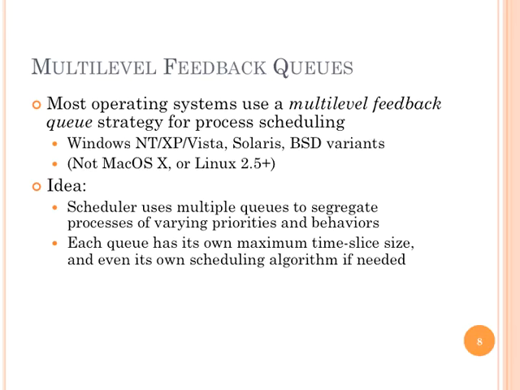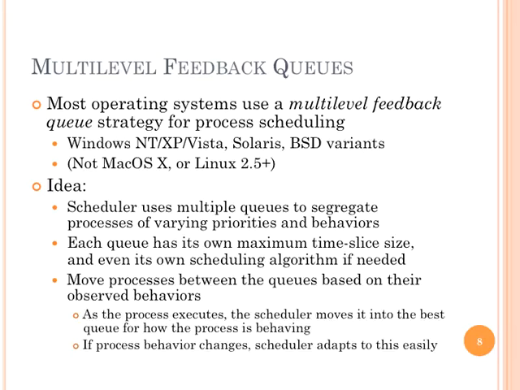Each one has its own time slice, and we can move processes between the different queues. This is the feedback part. So we look at how the process behaves, and depending on how it behaves, we move it into a queue that best corresponds to that process's behavior. Okay?